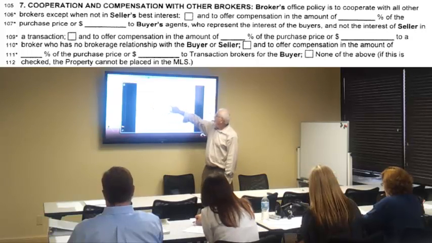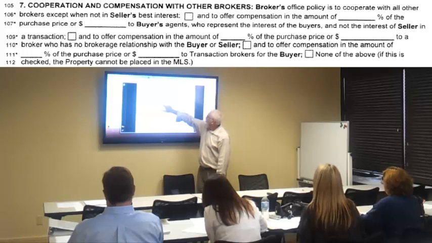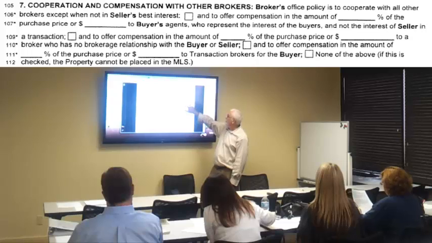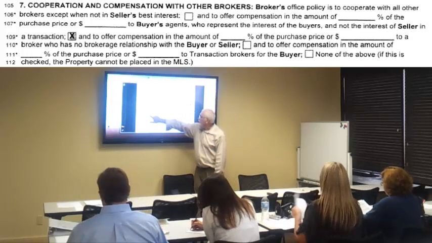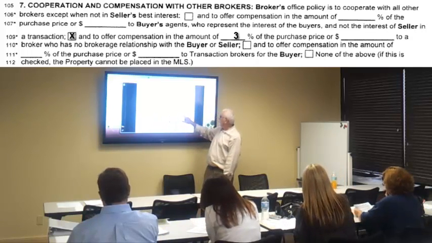And then, right in the middle, to buyer agents who represent the interest of the buyer, not the seller in the transaction. On the next page, 109, check that box. And to offer compensation in the amount of 3%, draw a line through the dollar amount.